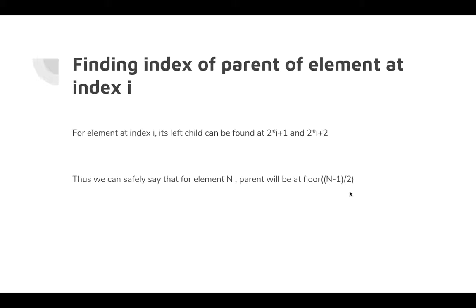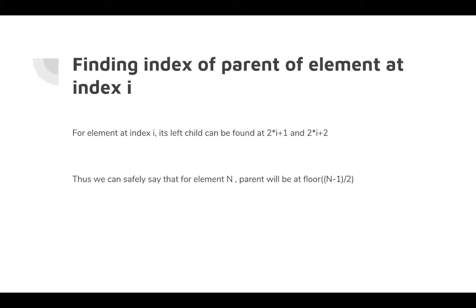Why are we taking floor? Because this element n could be a left child or right child, and in both cases, if we take the floor, we will get the integer value for the parent of this element.